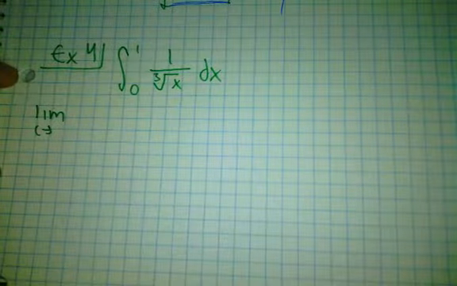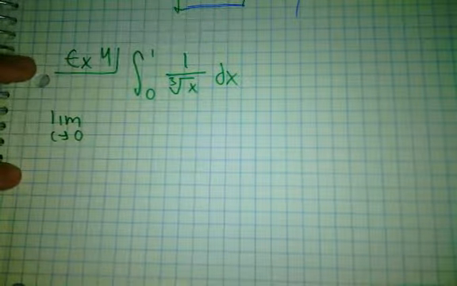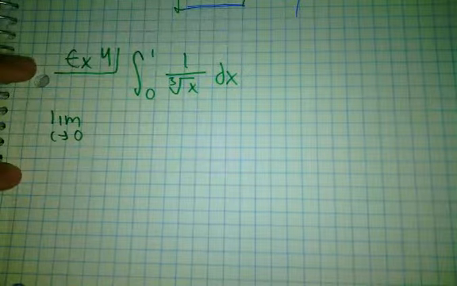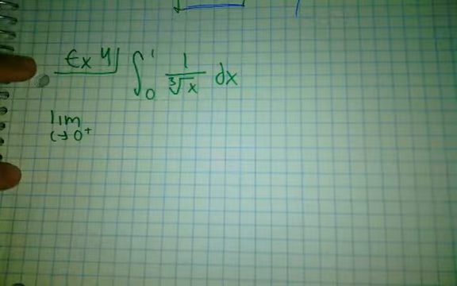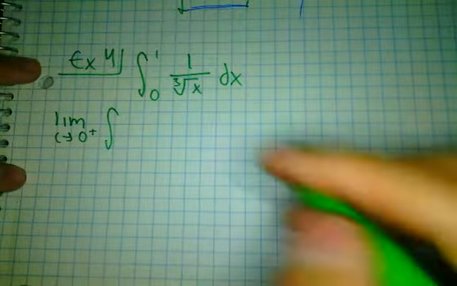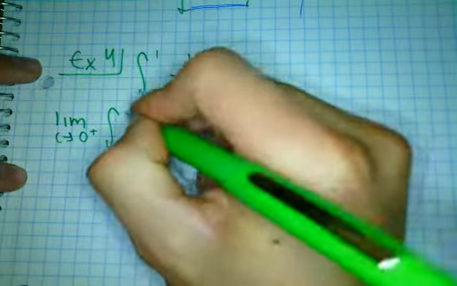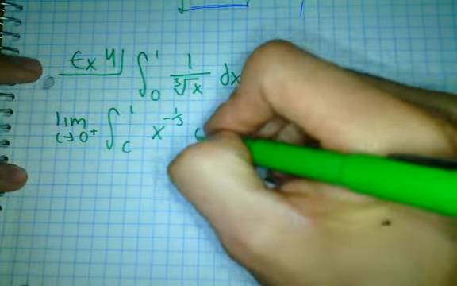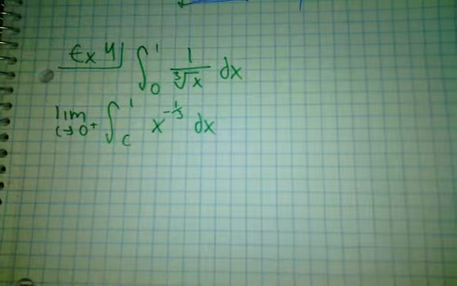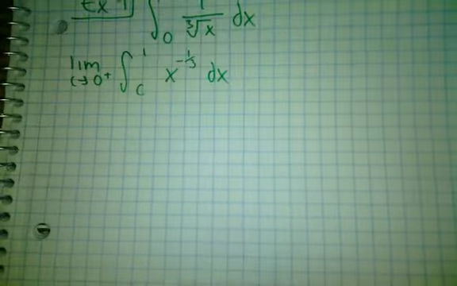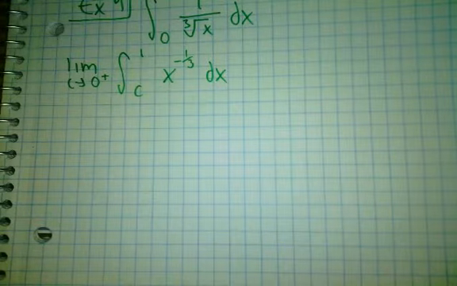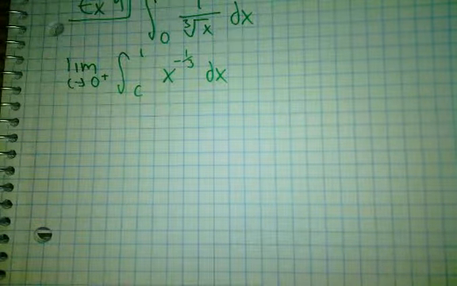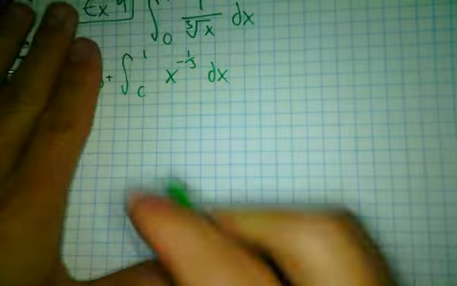The limit as C approaches 0 from the right of the integral from C to 1 of x to the negative 1/3 dx. Hopefully you have not forgotten how to find one-sided limits. But we'll take care of that in just a second.